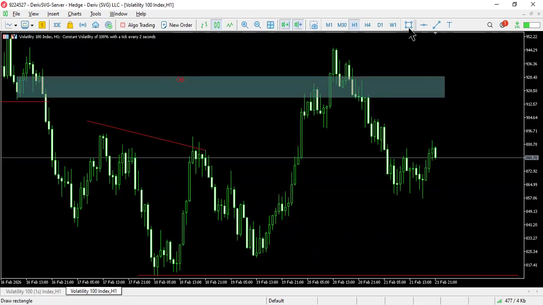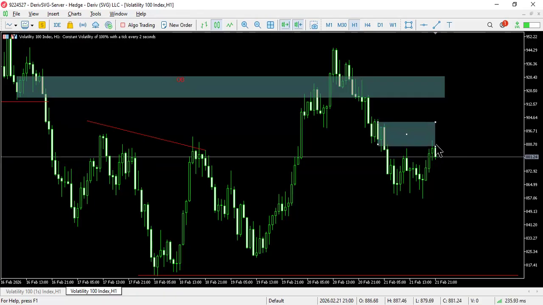As we can see, price has just reacted from this order block right there, and we are pushing down.